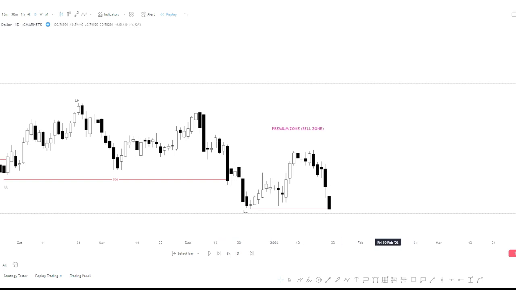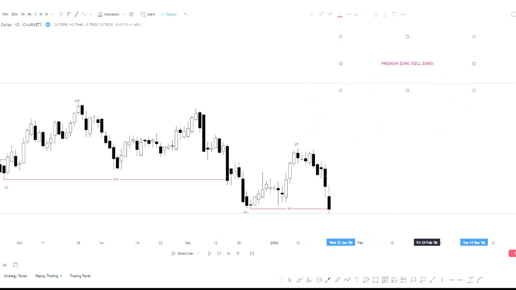So once again I have a break of structure and need to find our lower high, which, as I said before, will be the highest price of the retracement movement. So our lower high will be here.